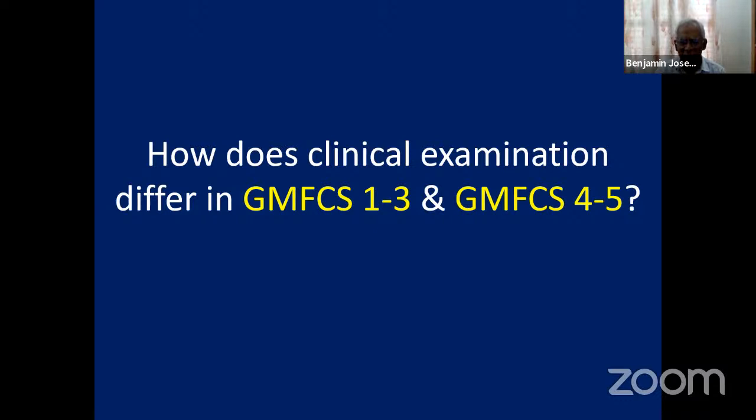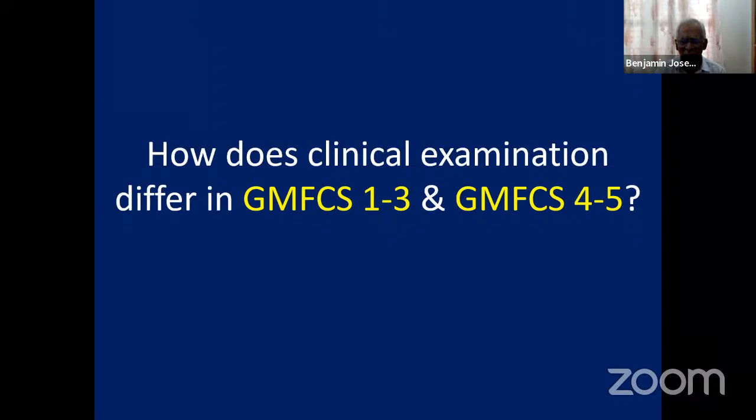The focus of examination of GMFCS 4 and 5 is much more on looking at the complications of the condition rather than abnormalities in gait. And we're going to look much more at the problems of the hip. Distally, as far as the knee and the feet are concerned, you're just going to look to see whether there are deformities which preclude comfortable sitting.